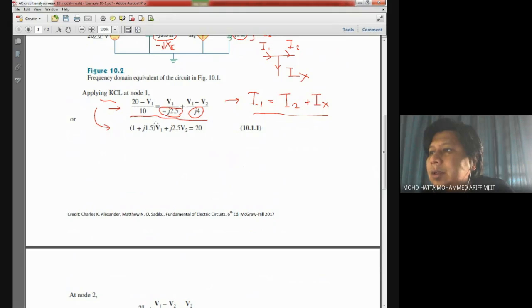To convert from the first step into the second step, you should eliminate the denominator part.